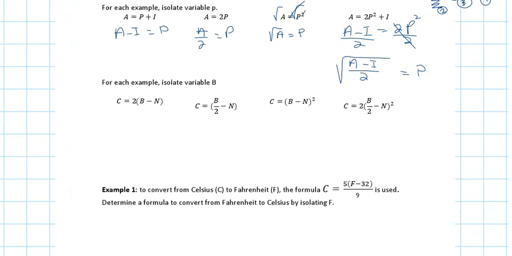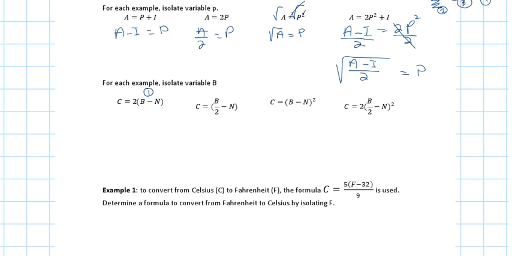If you're doing BEDMAS, what do you do first? And then you multiply by 2. Yeah? Because I'm isolating, what do I get rid of first? Nope. You get rid of the 2 first, because whatever you do last is what you're going to get rid of first.